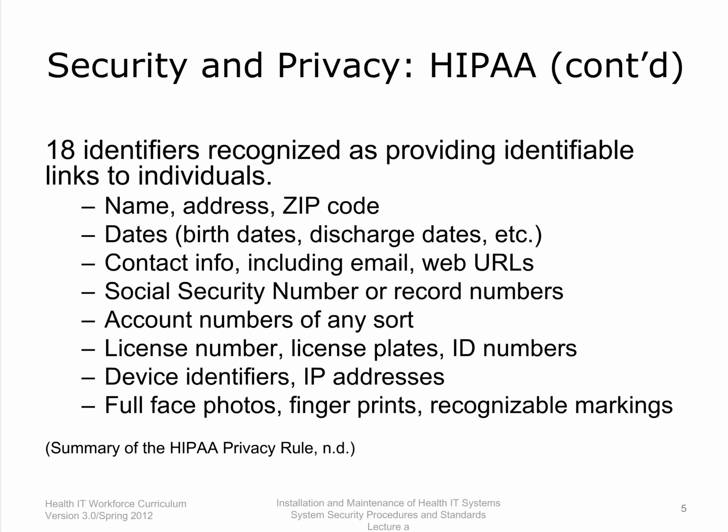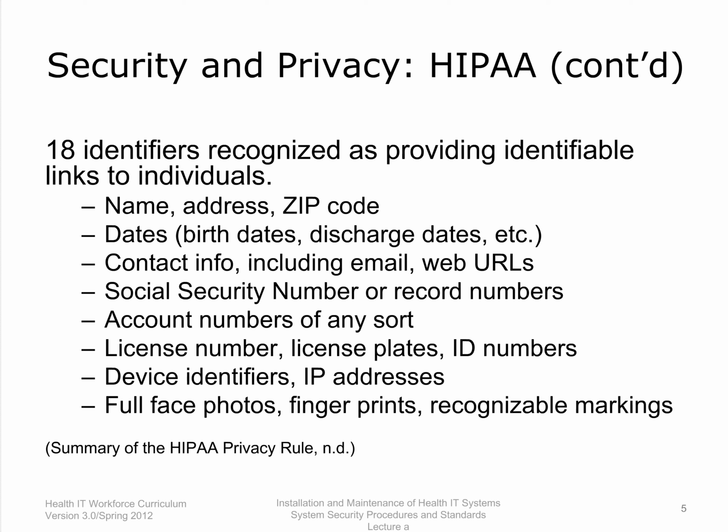The geographic unit formed by combining all zip codes with the same 3 initial digits contains more than 20,000 people. And 2. The initial 3 digits of a zip code for all geographic units containing 20,000 or fewer people is changed to 000.